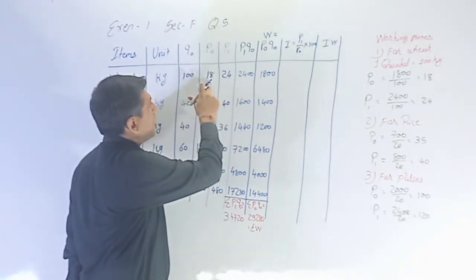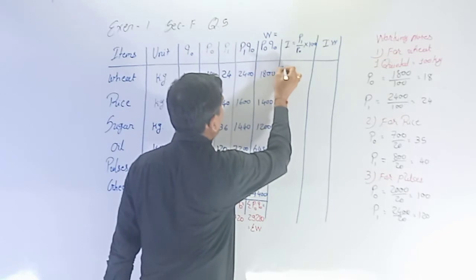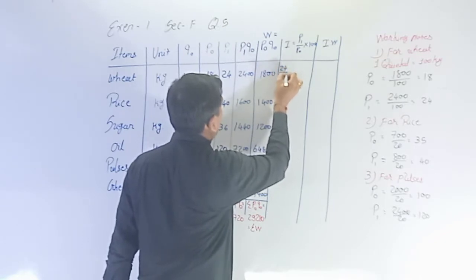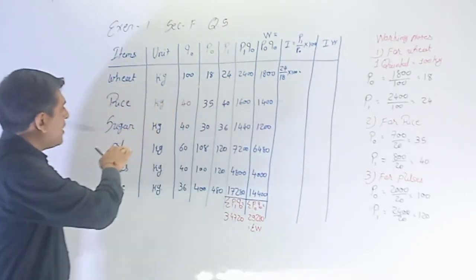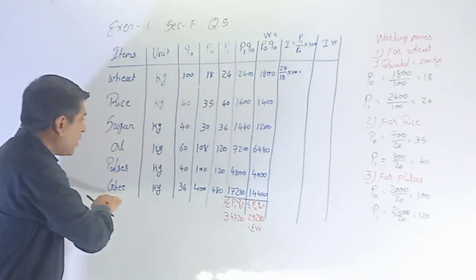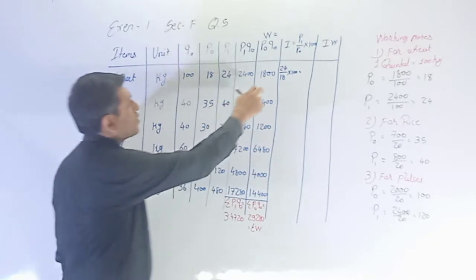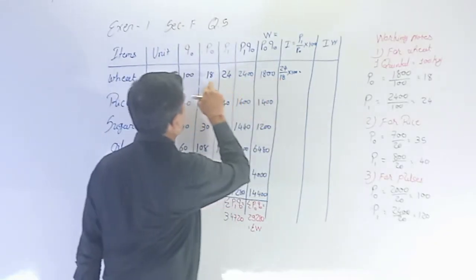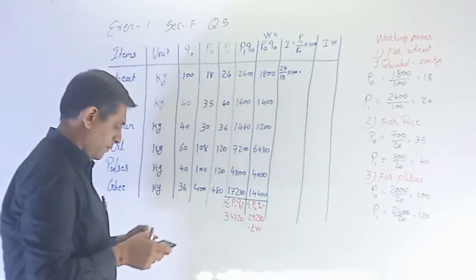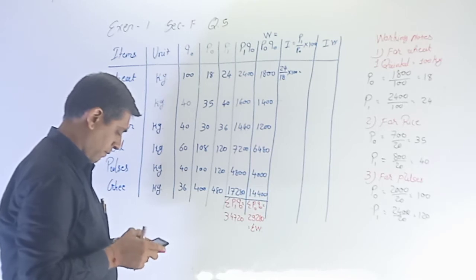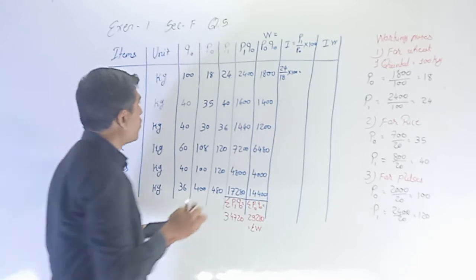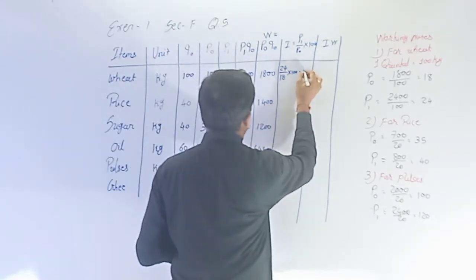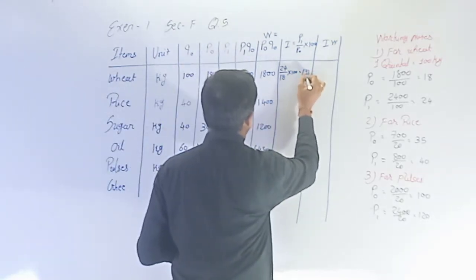See here, P1 upon P0 into 100. Here I am writing 24 divided by 18 into 100. I am leaving one line gap between these because the calculation is 24 divided by 18 into 100, that is 133.33.